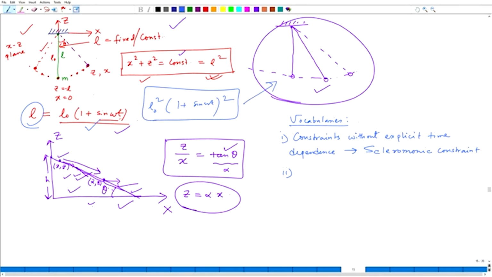These are constraints with explicit time dependence, and we talk of a rheonomic constraint.